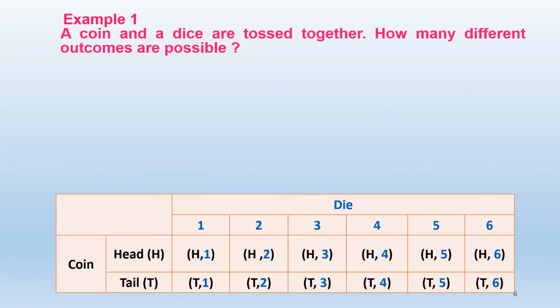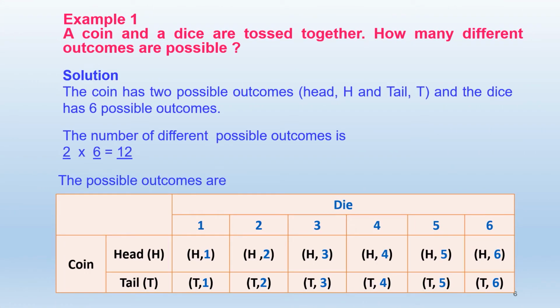Okay, let's see the example. When we're going to use the multiplication principle is in this case. A coin and a dice are tossed together. Duit shilling dan juga dadu kita lambungkan sekali. How many different outcomes are possible?